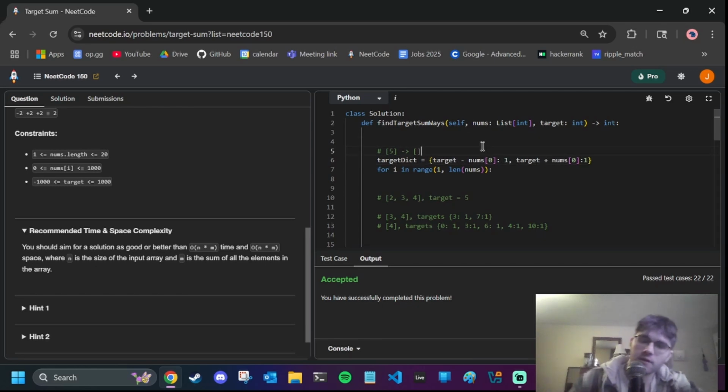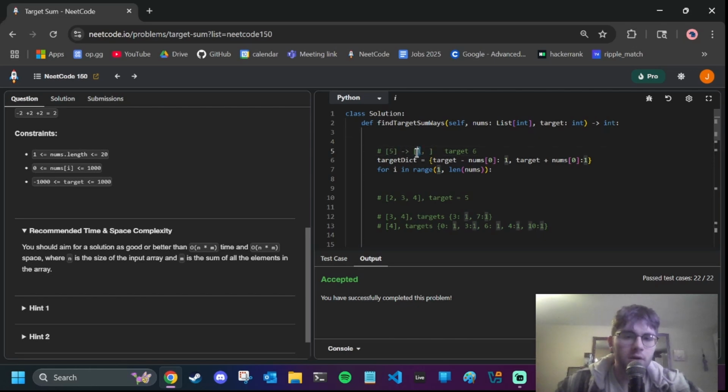So if the target, let's say, was 6, then our new targets are 1, is it 1? Is it 6 minus 5, or is it 5 minus 6? If our target is 6, then this is telling us what we would need.